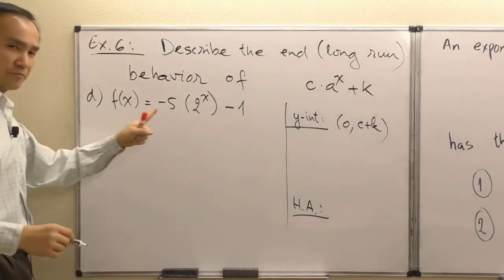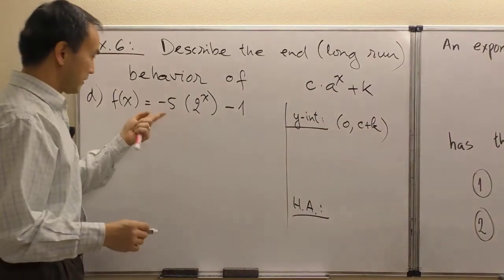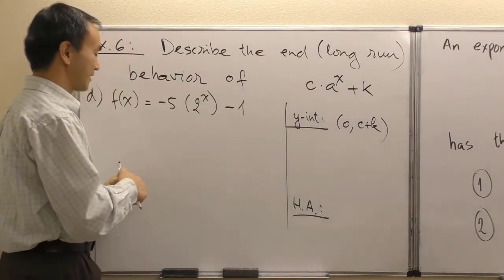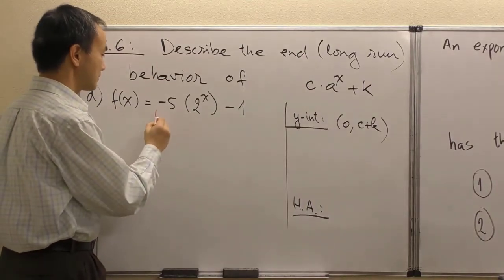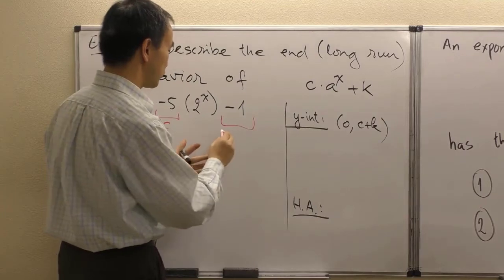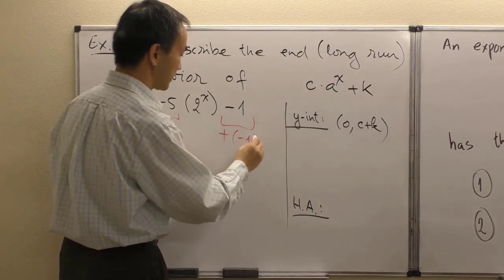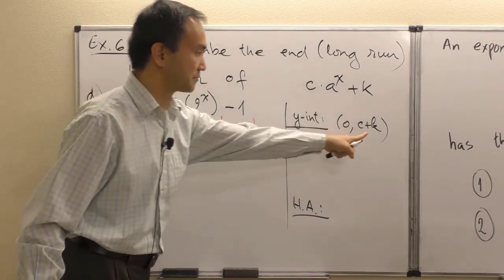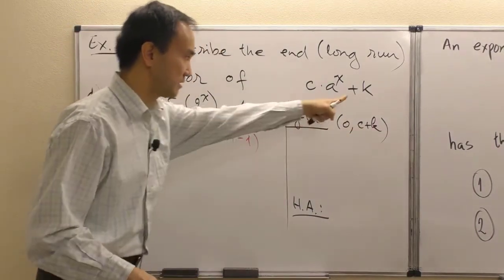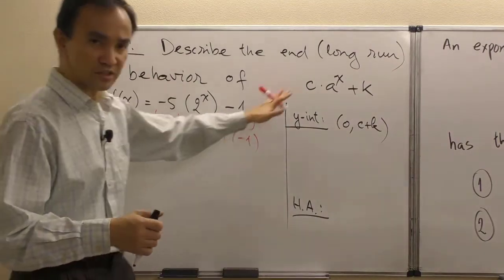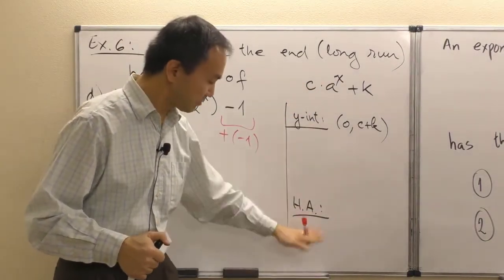This function is in the general form, where c is negative 5. And here we're adding a negative 1, so our k is negative 1. From this, we already have a good sense of the y-intercept and the horizontal asymptote.